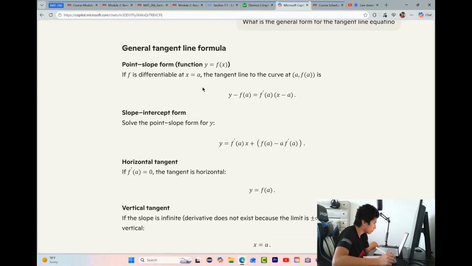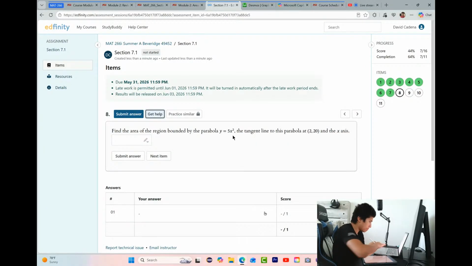That's what I meant. So you have y minus y1 equals m times x minus x1. There we go. So what's y1? 20 equals m times, okay, fine, what's m? 10x times x minus x1.